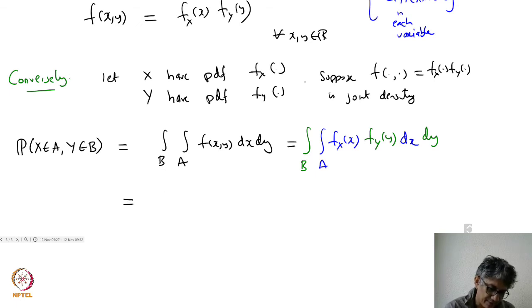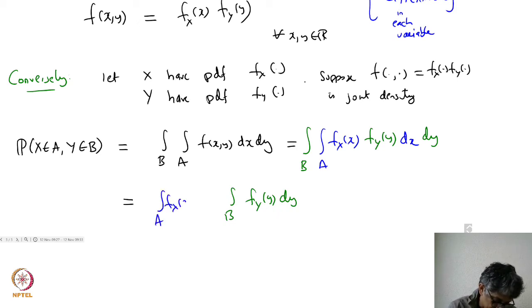Since everything is non-negative, we have the integral over B of f sub y at y dy, and I have an integral over the x variable, f sub x over A. Now this we know is the same as the chance that x is in A and y is in B. Right?